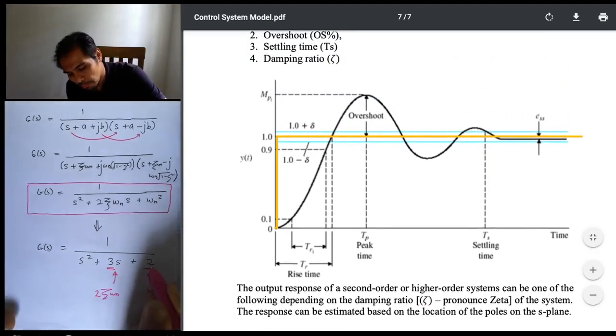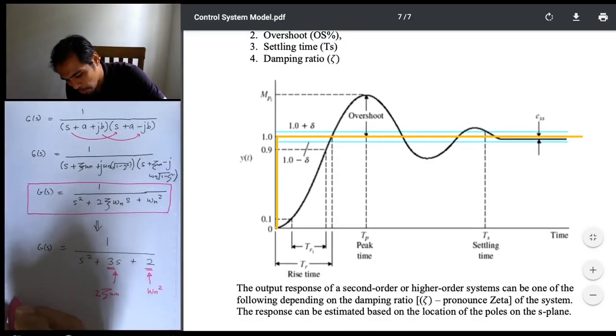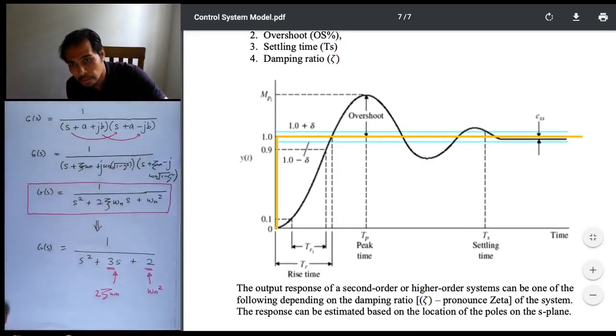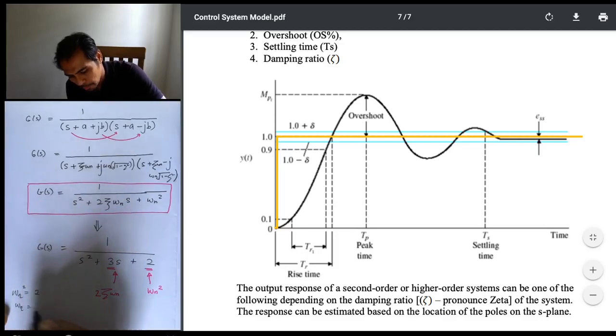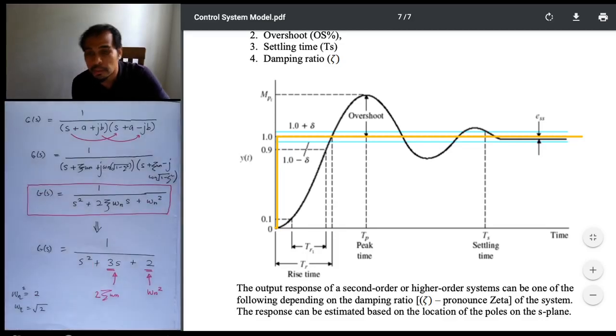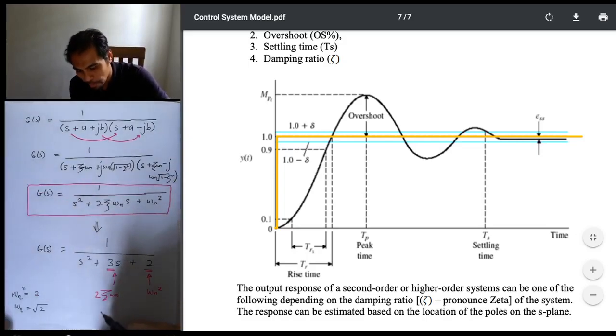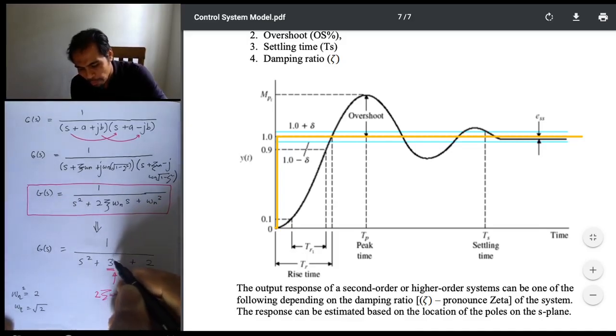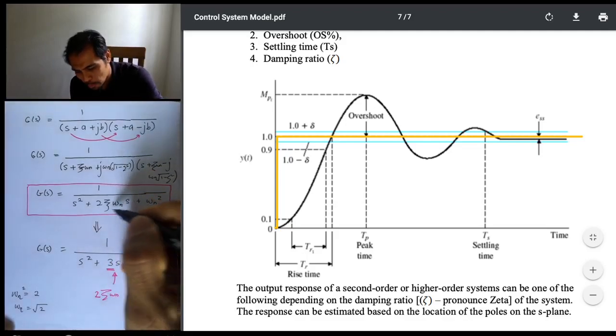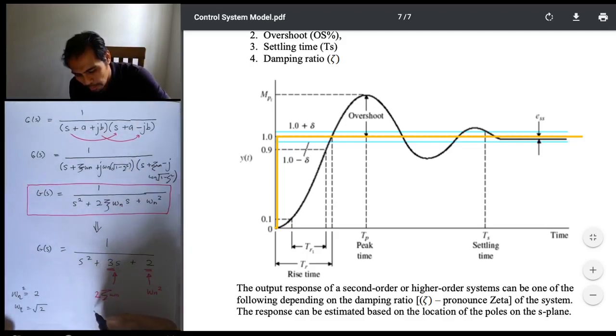Okay, now from here we know that our natural frequency is root 2, right? So omega n is root 2. And then omega n is also inside the 2 zeta omega n term, so we can find the zeta.